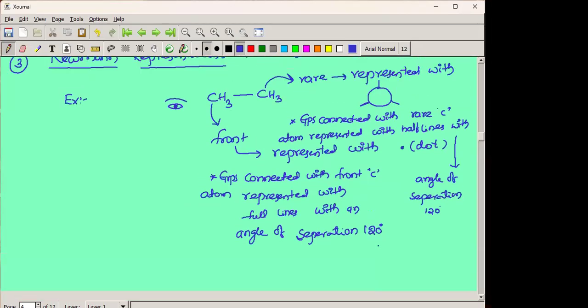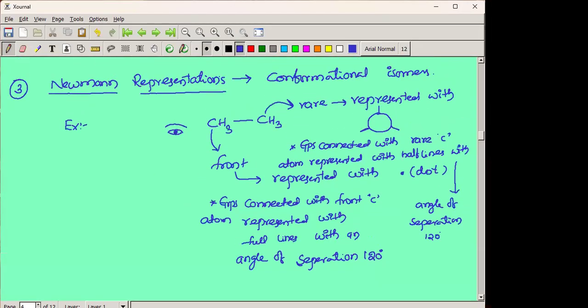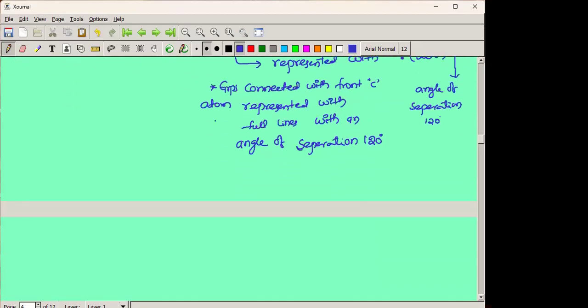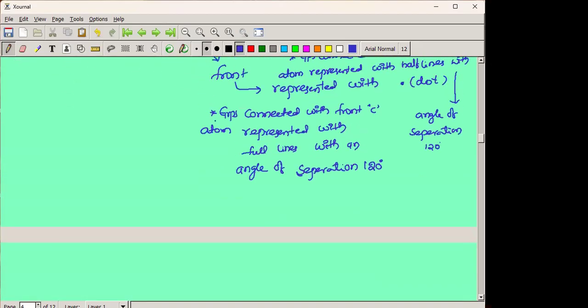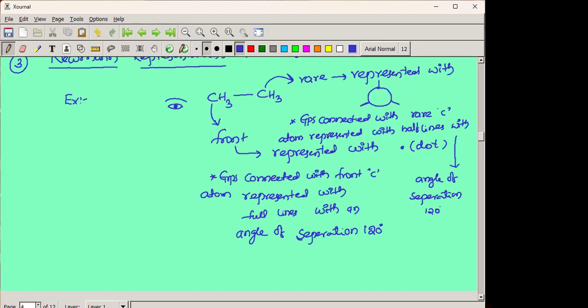So see here, in the case of the above structure, we can represent it like this. This is the rear carbon atom and this is the front carbon atom.